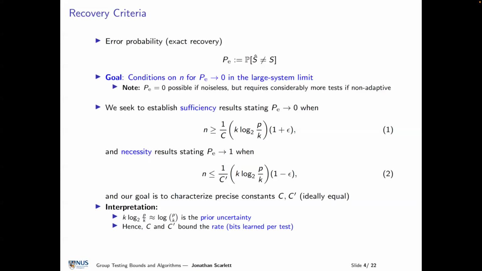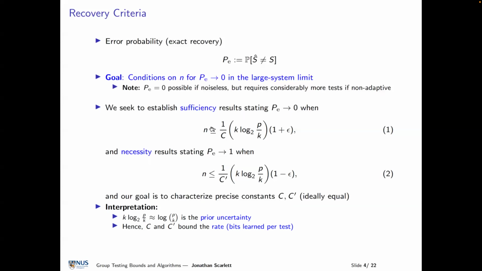Again, linking to information theory a bit, information theory talks about communication rates over a channel. If we represent the constant in this way, like 1 over C times this prior uncertainty, then we can interpret C or C prime as bounding how much information we learn per test.